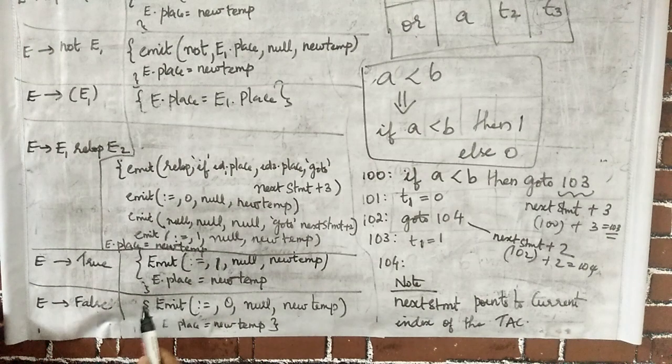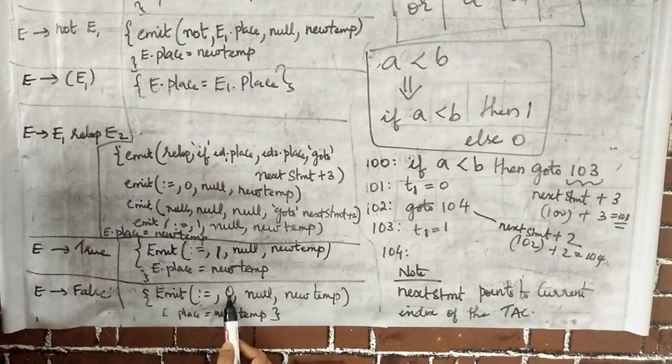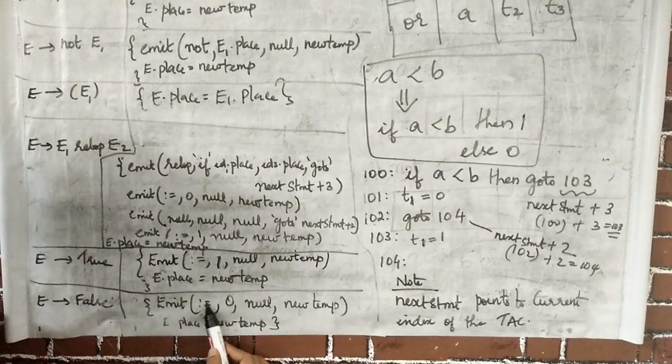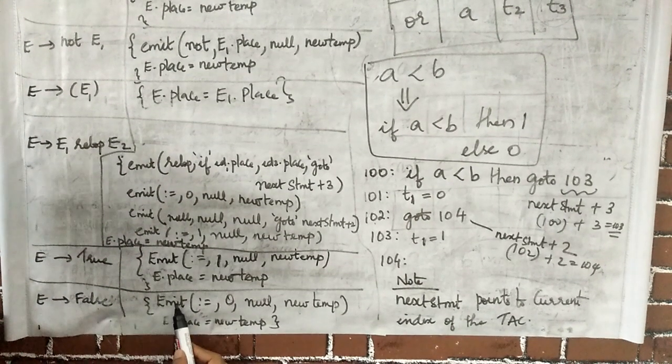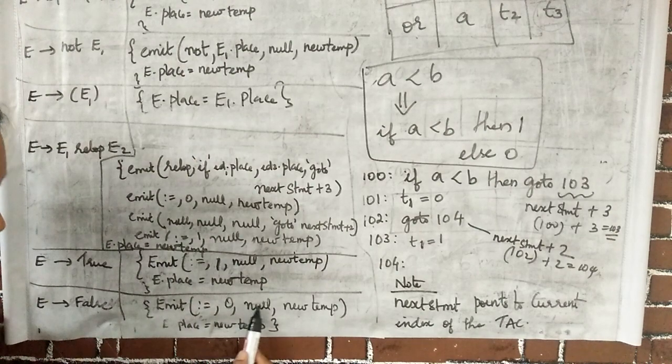Likewise for false also, here instead of 1 we have to use the value 0. Emit assignment, 0, and again the second operand is null. The assignment means that suppose a temporary variable T1 should be assigned with the value 0, right? So if it is false, you have to emit a quadruple in such a way: emit assignment, 0, no second operand, and the new temporary variable.